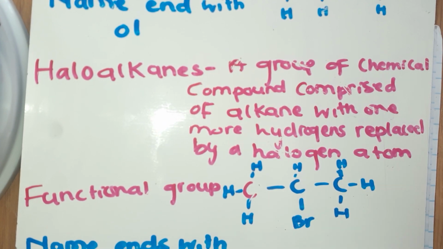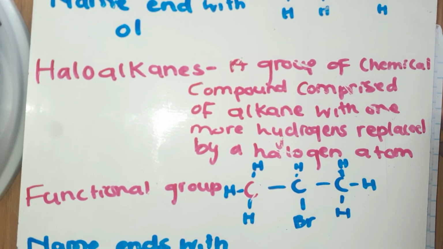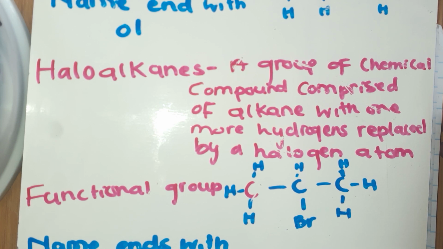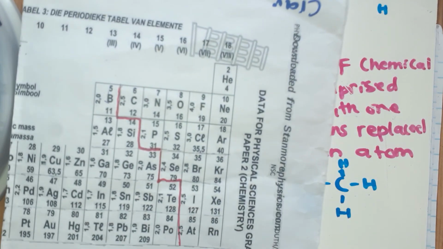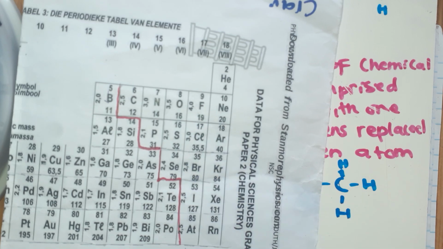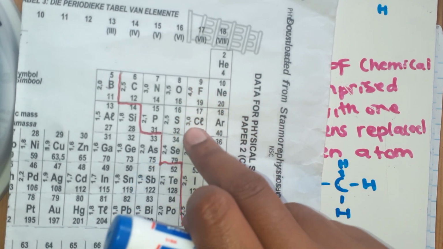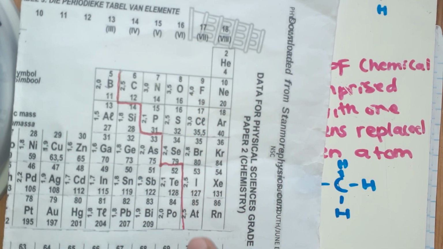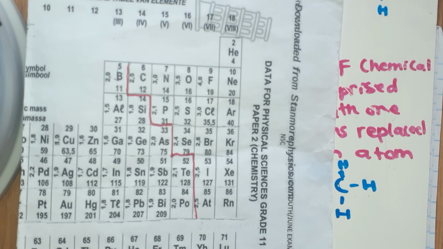So haloalkanes, a group of chemical compounds comprised of alkane with one or more hydrogens replaced with a halogen atom. I said the halogen atom is part of the group 7 atoms: F, Cl, Br, I, and At. Those are the group 7 atoms.